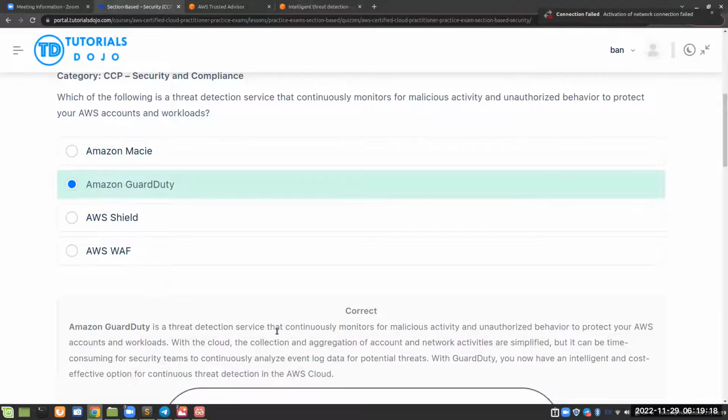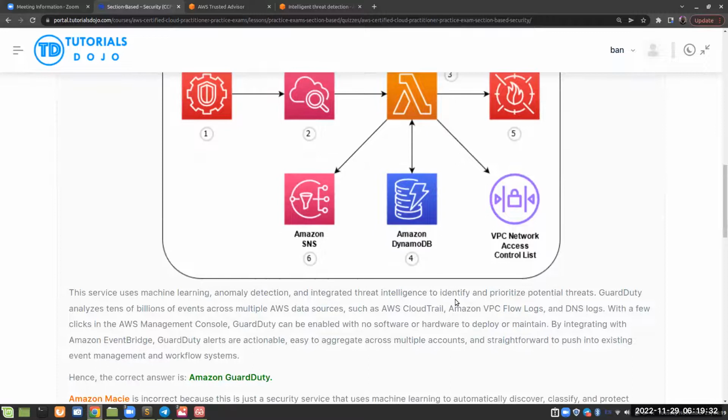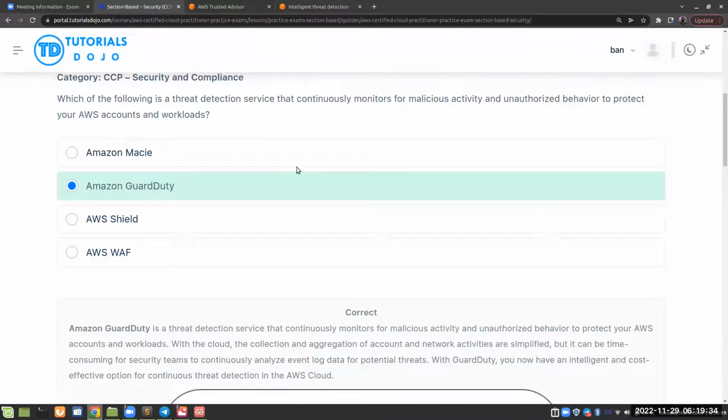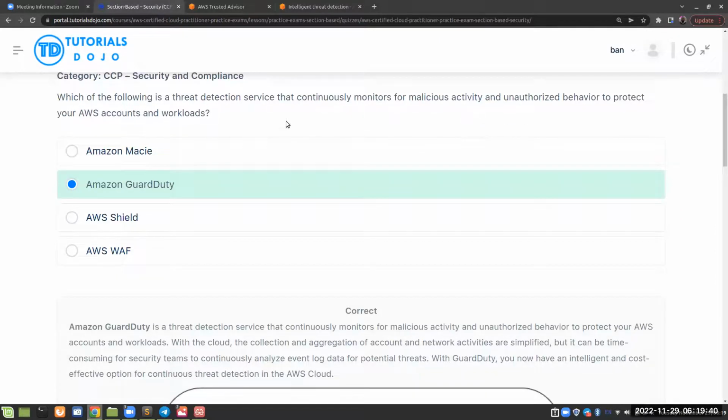It's a threat detection service that continuously monitors for malicious activity and unauthorized behavior to protect your AWS accounts and workloads. I know it uses machine learning algorithms to do all of that, but the key thing is, when you see a threat detection service that monitors for malicious activity, that's what you choose.